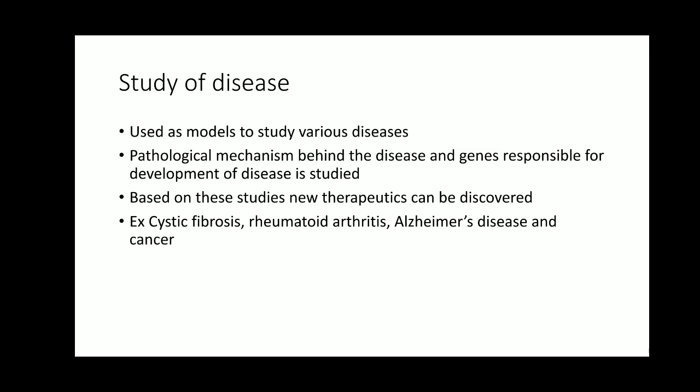Transgenic animals, especially mice, have been extensively used as a model for various human diseases, because these models resemble almost 99% of the genetic composition of humans. They are used to study the pathological mechanism behind a disease and the genes responsible for its development. Based on these studies, new treatments for disease are discovered.